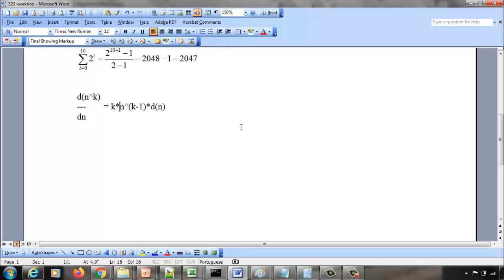Differentiation of n with respect to n is of course 1, that's why we simply leave it like this. You can take it up as a formula. I think you might have seen this in a calculus class. For example, if you have n raised to 4, differentiation with respect to n, the answer is 4 times n raised to 4 minus 1, which is 3.